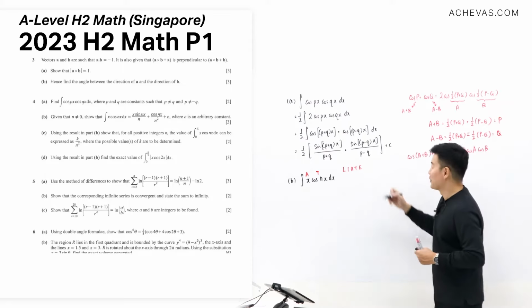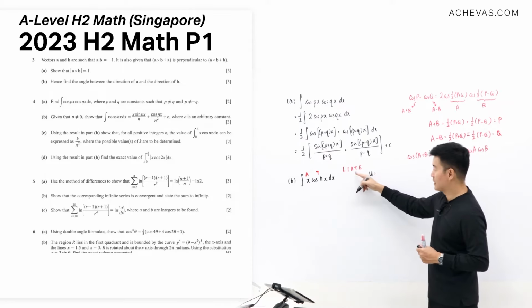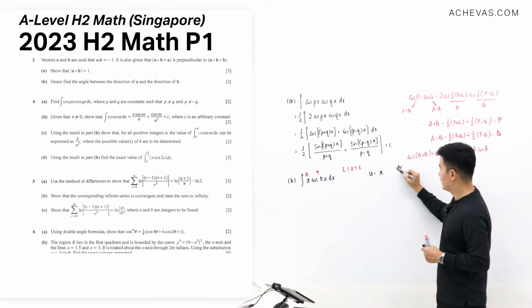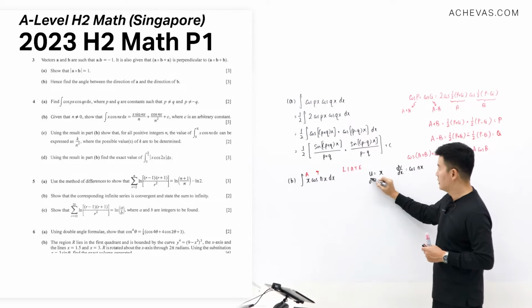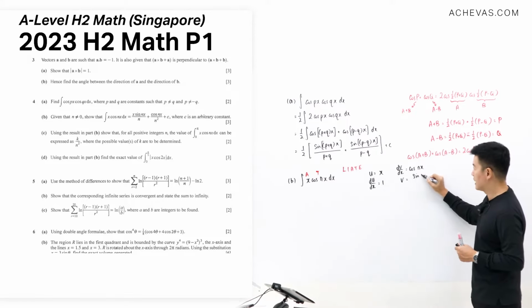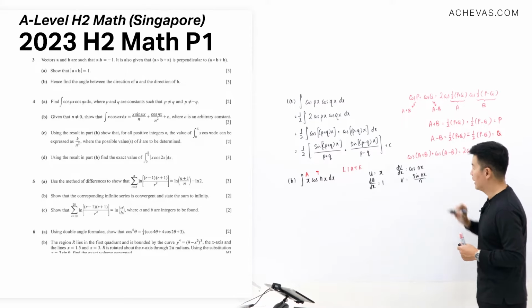So for u, I'm going to assign a to it. Okay, a comes before t. So for u, I'm going to assign x to it, and for dv/dx, I'm going to assign the other one, which is this. So du/dx is equal to 1, and v is equal to sine nx over n.